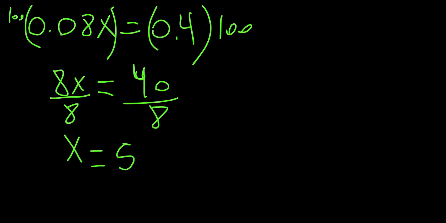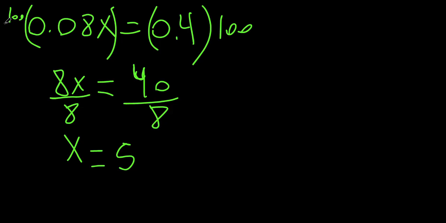Just want to remind you the key strategy: what power of 10 do I need to take to clear the decimals on both sides? If the equation we just did was reversed, and it was 0.08 over here and 0.4x over here, I would again multiply by the power 100 to clear it.